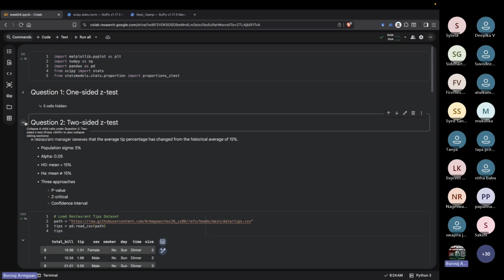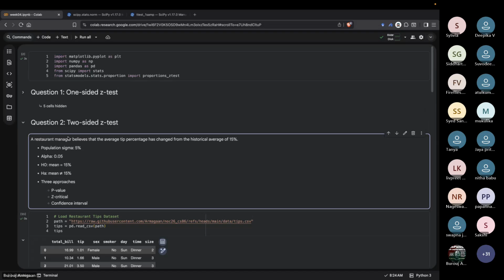Question number two. Pranay, are you speaking about the second question? So in the second question, it says a manager believes that the average tip has changed. So the average tip essentially means the mean of the tips that you receive.